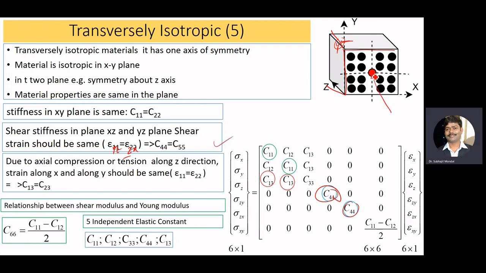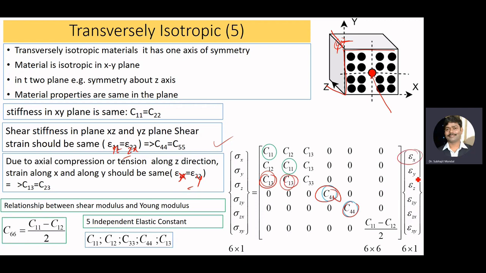If you consider axial compression or axial tension, in such cases our strain along the x direction and strain along the y direction should be the same. To achieve that, our C13 and C23 should be the same.